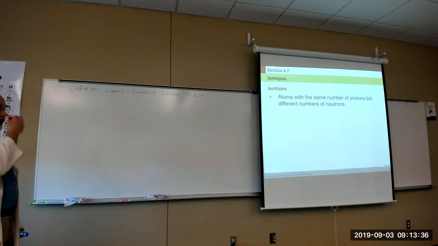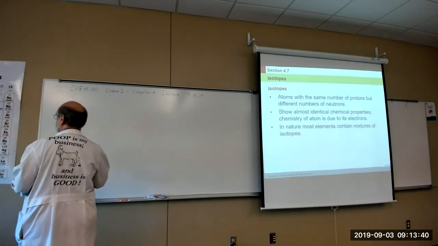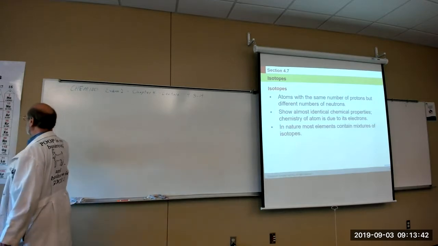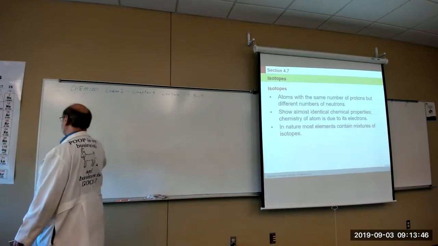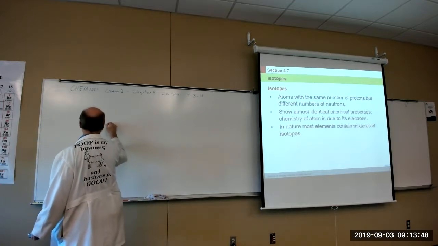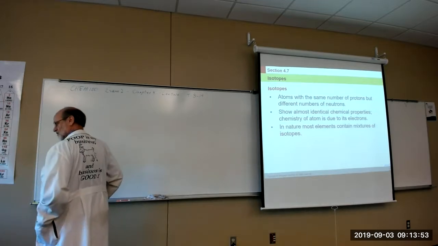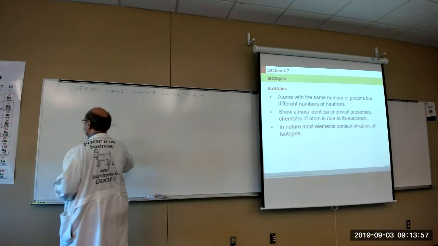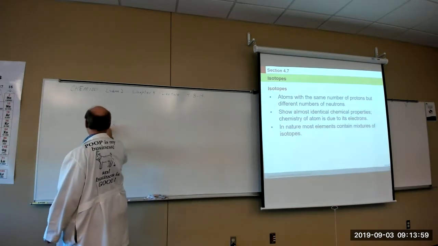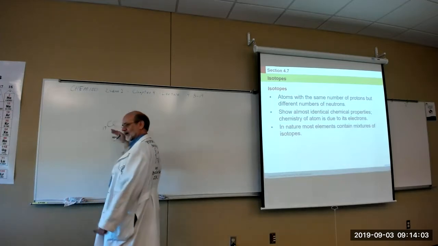We mentioned isotopes, and an isotope just means that when you compare one atom to the next, you see a difference. Say we have a chlorine, and this atom has 17 protons. This one also has 17, because they're both chlorine.